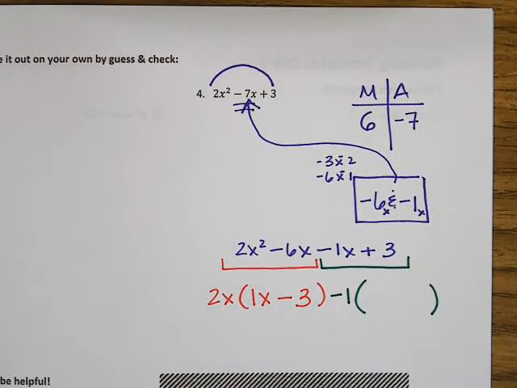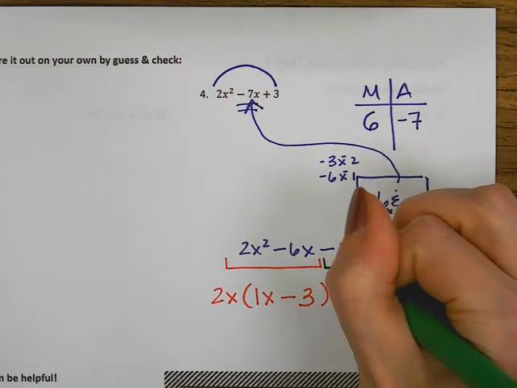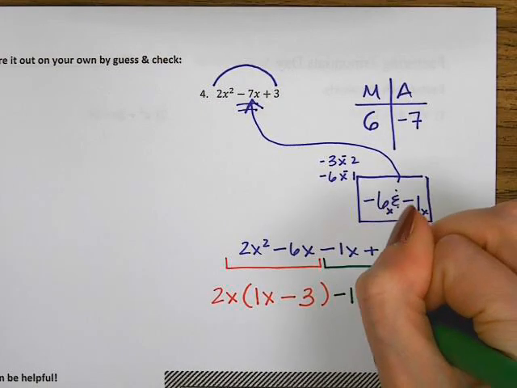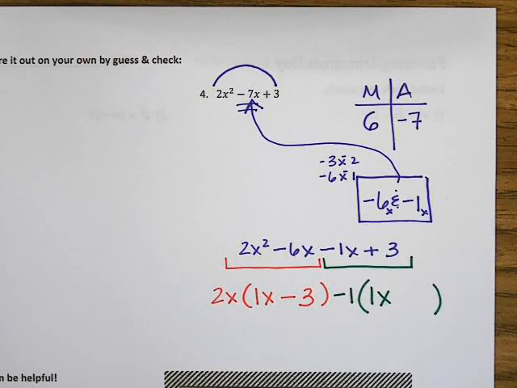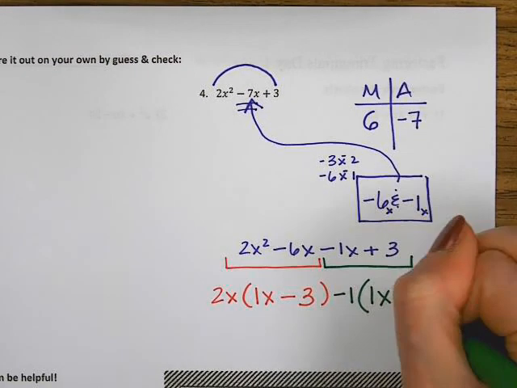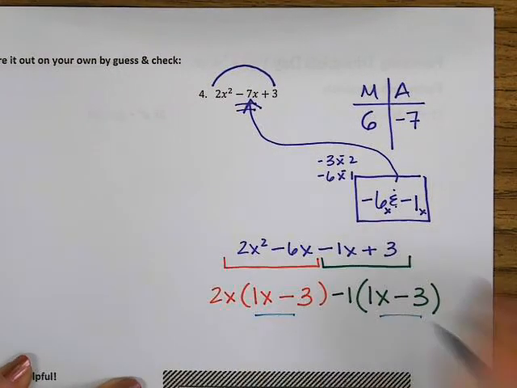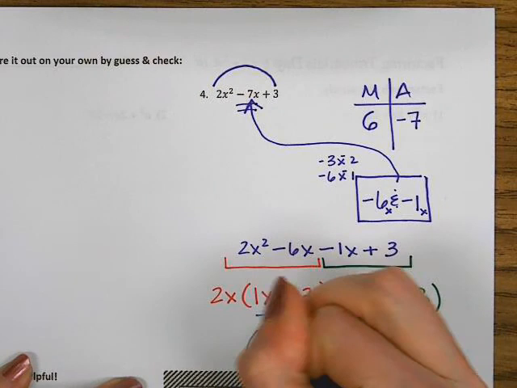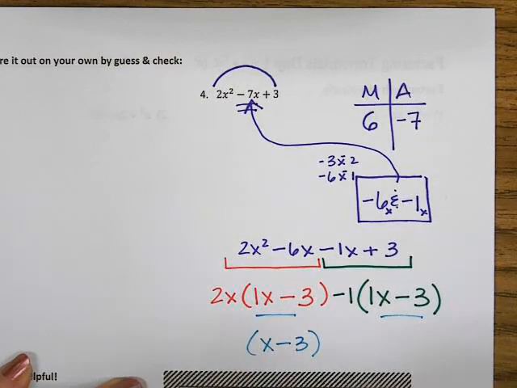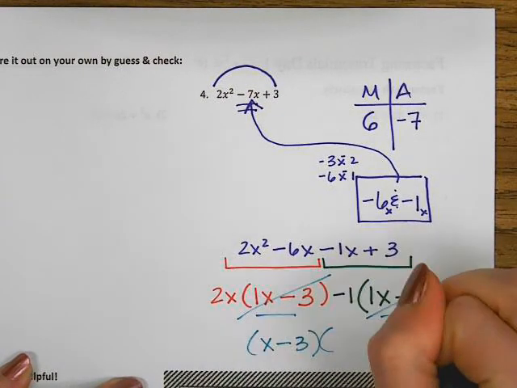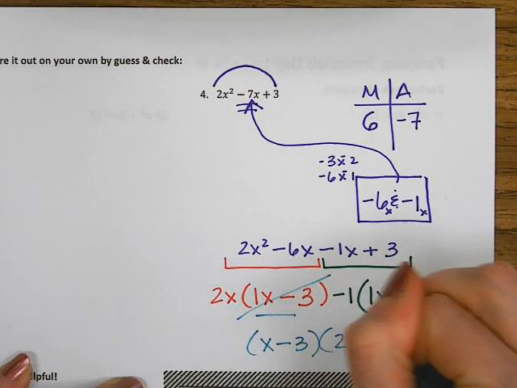If we divide everything by -1, a minus becomes a plus 1x, and then 3 divided by -1 is -3. It looks like we did it right because we have a common parenthesis, so that becomes one of them. The other one becomes the leftovers, 2x minus 1.